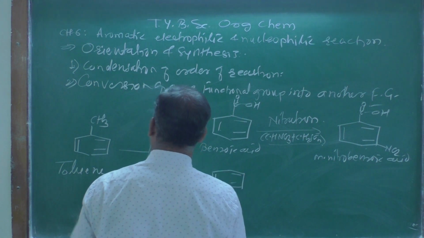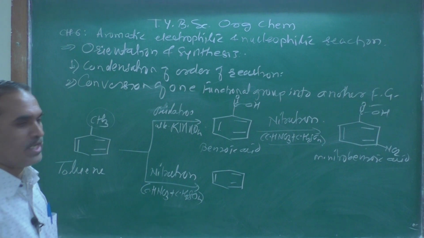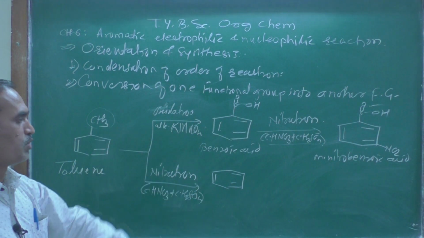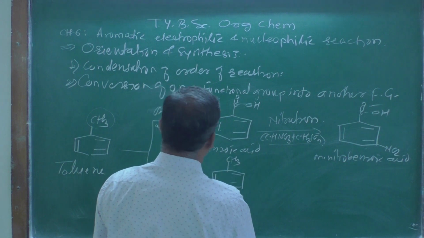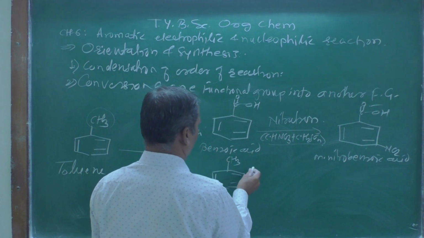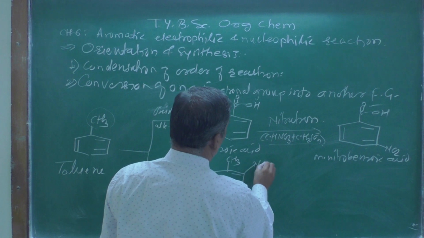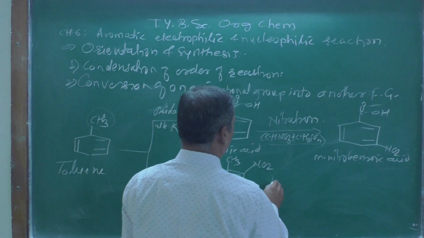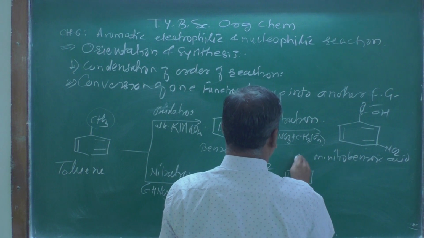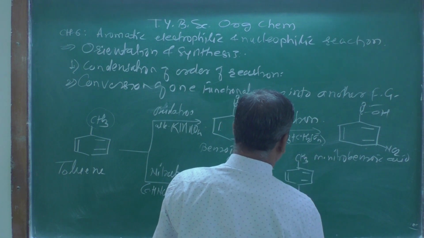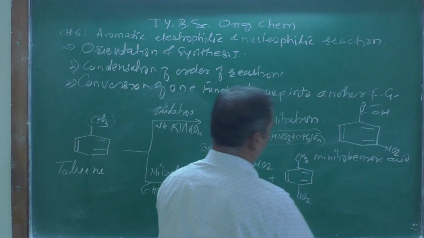As we know, this group is an electron donating group, and when it is an electron donating group, the nitration takes place first, which produces orthonitrotoluene, and the second product will be para-nitrotoluene, right?